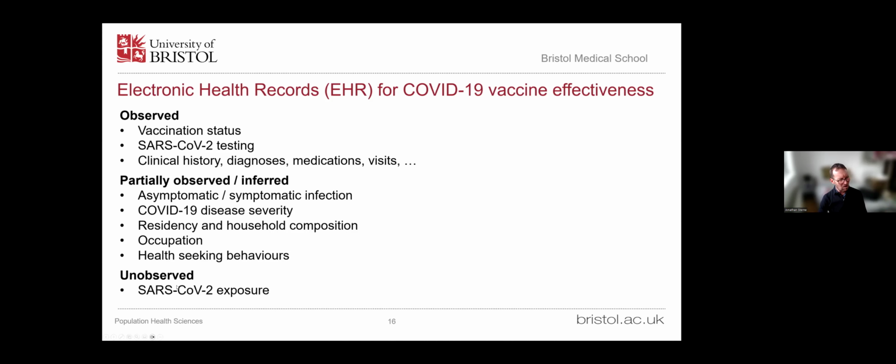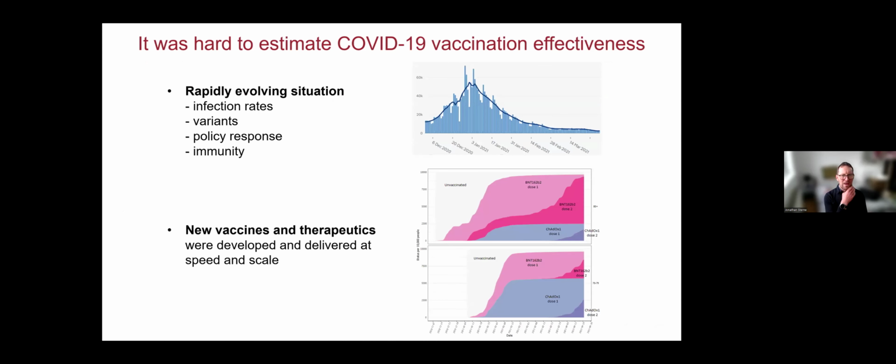Importantly, we did not know about SARS-CoV-2 exposure, and information on infections that didn't lead to encounters with health services was obviously not known. And all of these factors made it hard to estimate COVID-19 vaccine effectiveness.